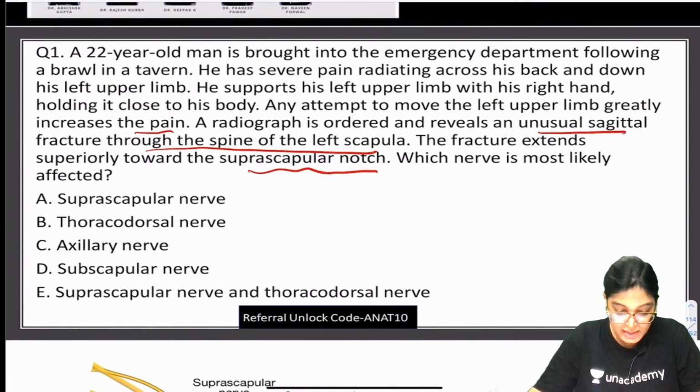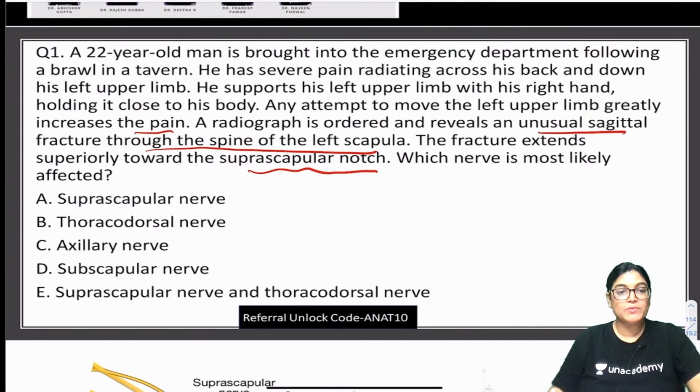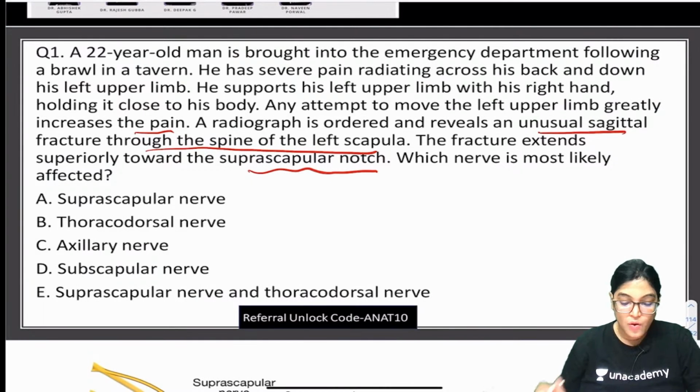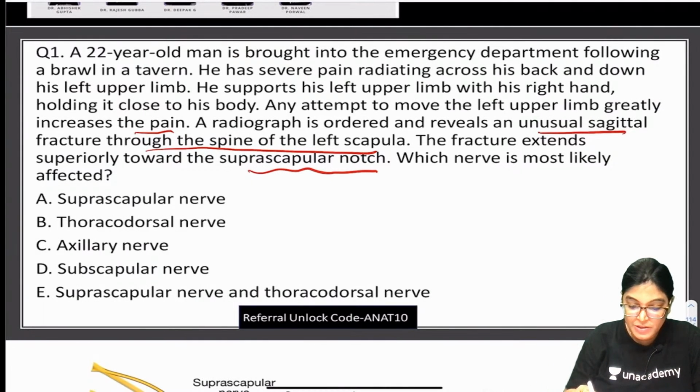Let's see what is the right answer. Ashok Patel is telling C and Reddy is telling both C and A. Let me wait for others, otherwise I will come up with the explanation. Please pay attention to this landmark. What is this landmark?